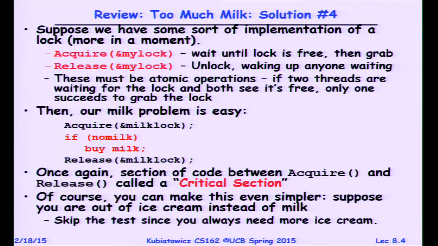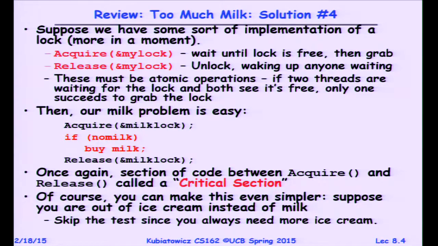There are a lot of things buried in this solution, by the way. So what happens if two roommates both approach the refrigerator at the same time? What's going to happen in this solution? The OS or something is going to have to make sure that only one of them actually acquires the lock, even if they run that at the same time. Right.